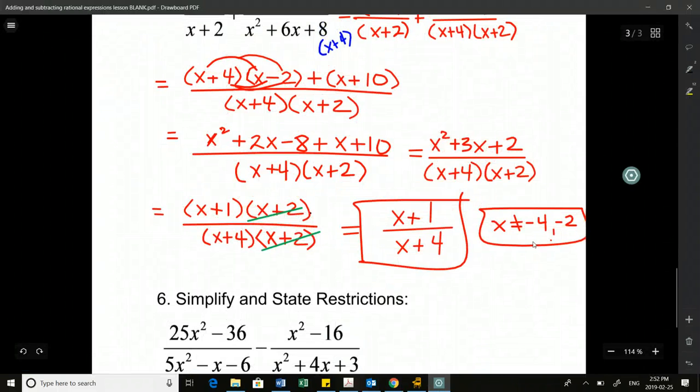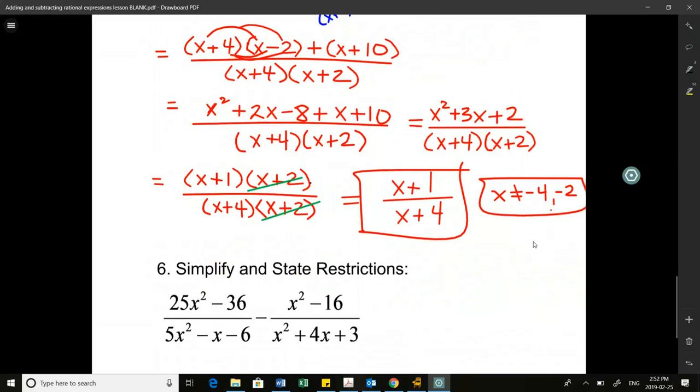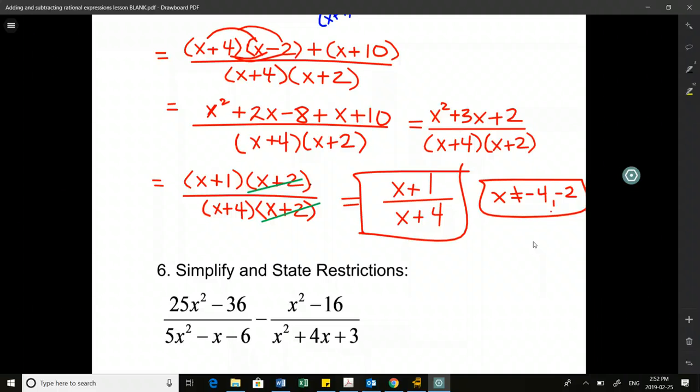So although it gets canceled out in my original function, because I started with this, and I had a -2 restriction to start with, it doesn't produce one of those vertical asymptotes because this guy still is in my final function. That produces a vertical asymptote, but if it gets canceled out along the way somewhere, it actually just produces a kind of hollow undefined point that we talked about in our domain and range unit.